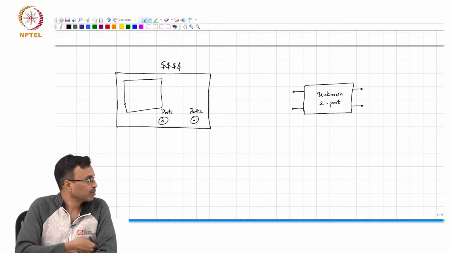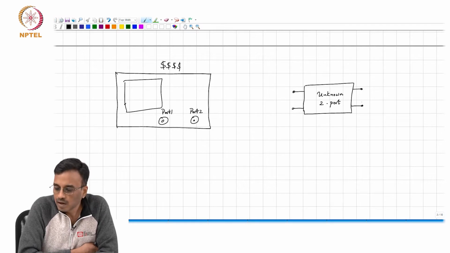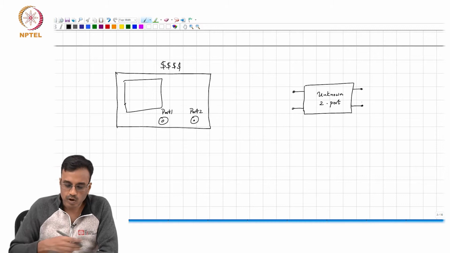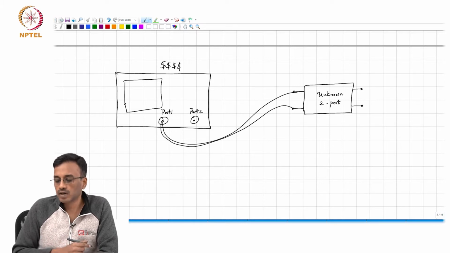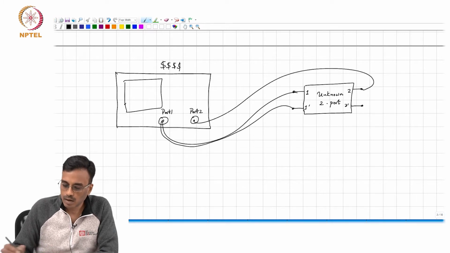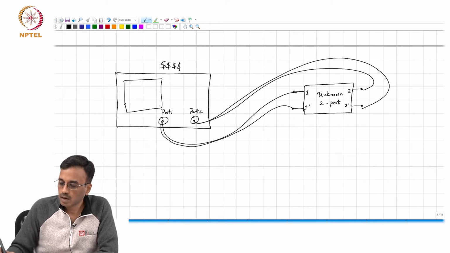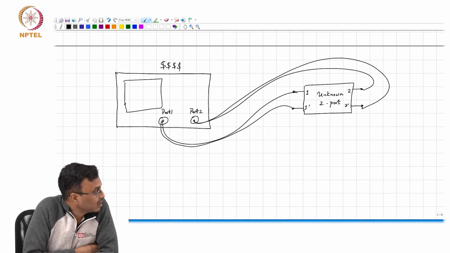We've already seen why it makes sense to measure S parameters rather than Y and Z. So what do you do? You connect this using a cable to port 1, and you connect the second port to this box using cables.